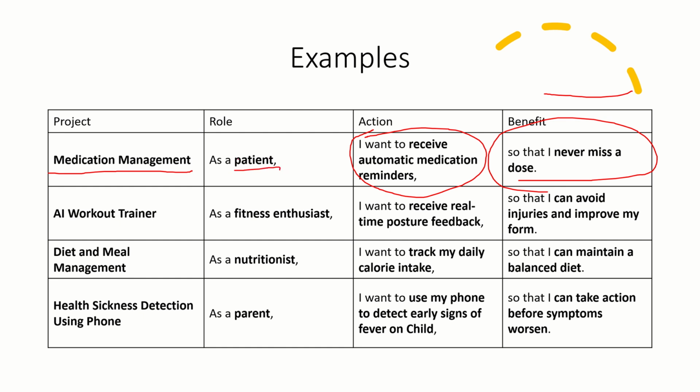I know some of you are trying to do it for patients' relatives, a family member. They want to receive an automatic medication reminder, but the benefit would be different: so that I can help my dad keep track of the dose, something like this, right?